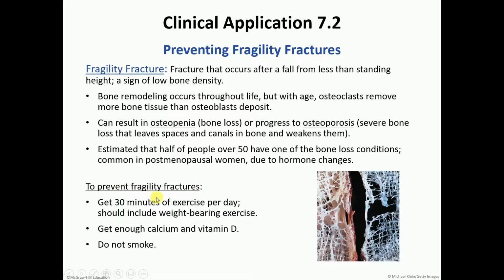So how can we prevent fragility fractures? Well, you want to prevent osteopenia and osteoporosis. And you do that by getting at least 30 minutes of exercise every day, and that includes weight-bearing exercises. Weight-bearing exercise does not necessarily mean that they carry weights.